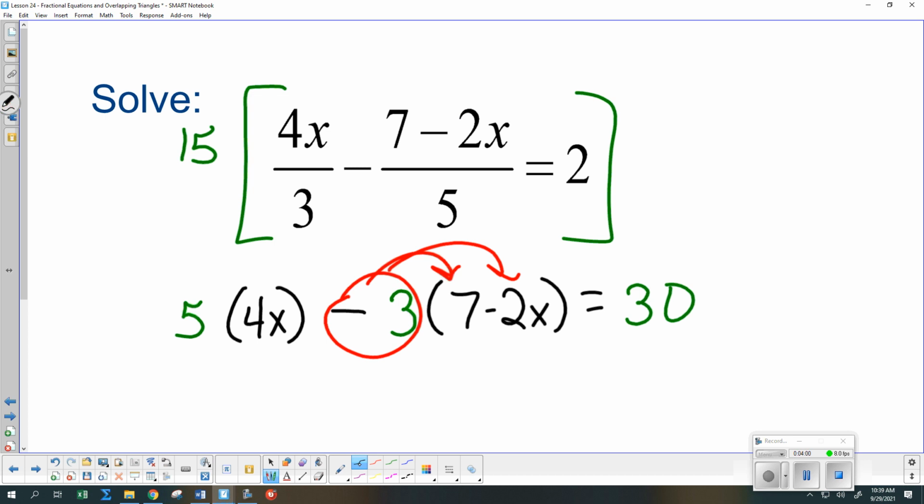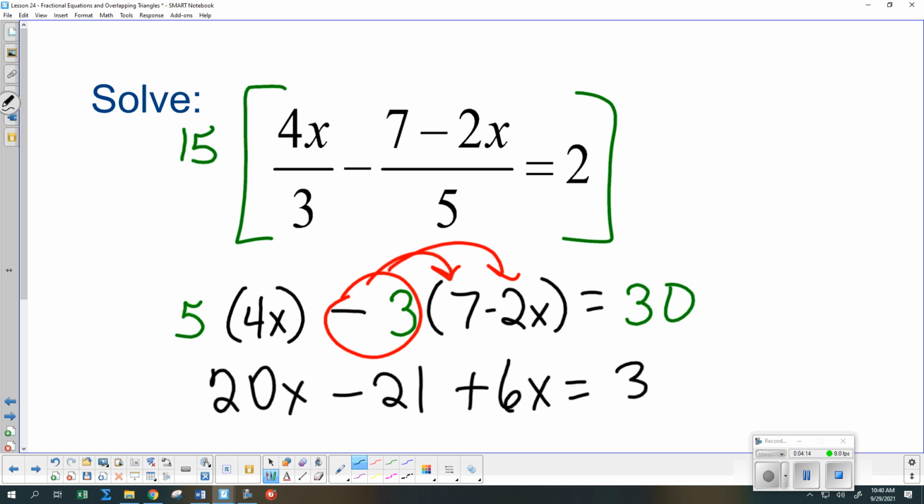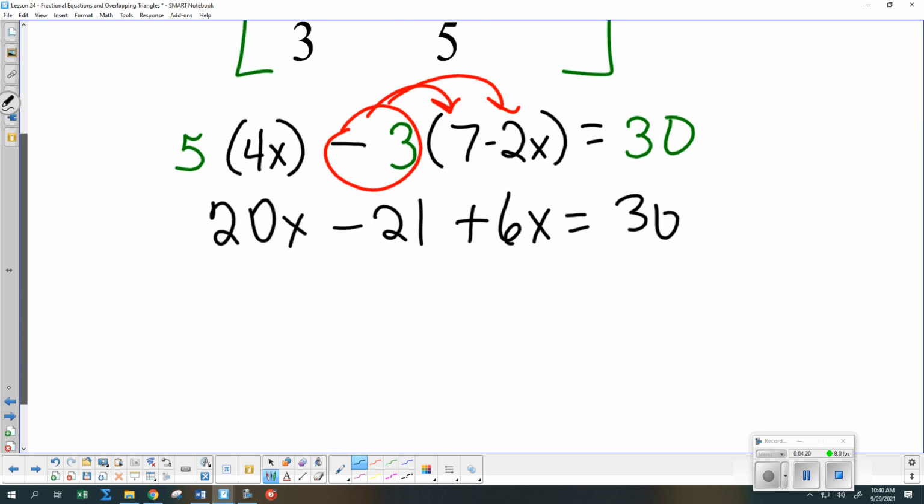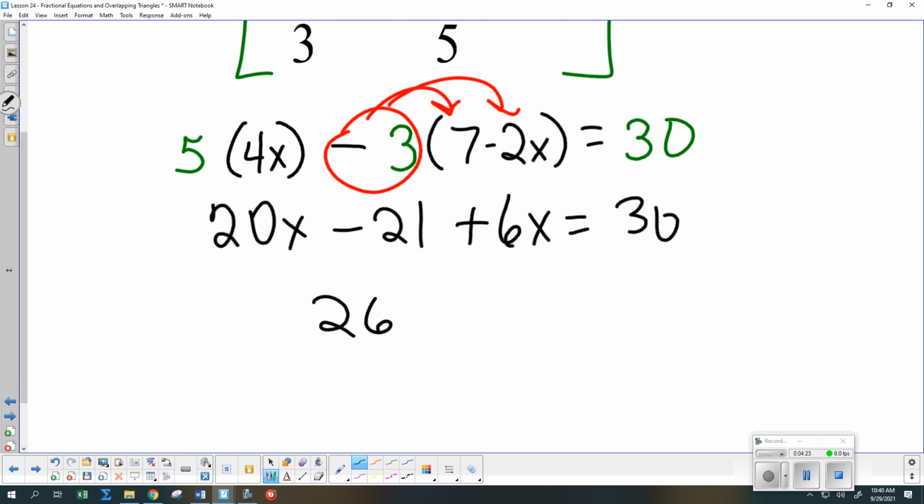So I need some help with the next line on this. Austin, you want to tell me what I get for my next line here? Thumbs up? Thumbs down? Is this good? Right, then we're going to combine our x's so that we have, what, 26 x's? And then if I add the 21 on both sides equals 51.